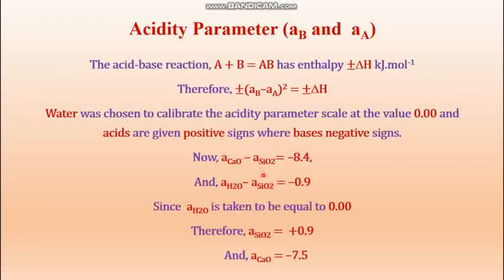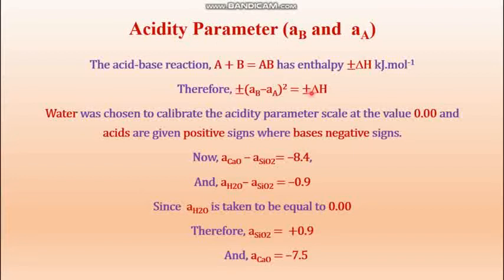And these are all obtained from the thermodynamic data, and this data is the enthalpy of the reaction. Suppose we have this reaction, calcium oxide and silicon dioxide. So the thermodynamic data from this formula, (aB minus aA) whole square equal to delta H, and if delta H is negative, then this value is also negative.